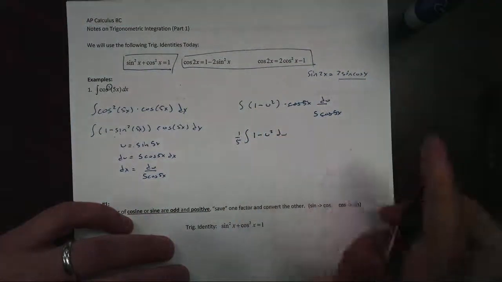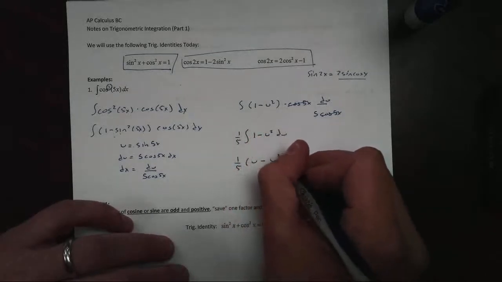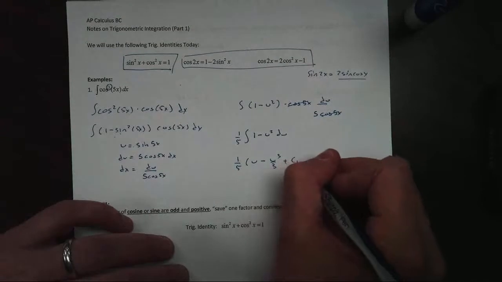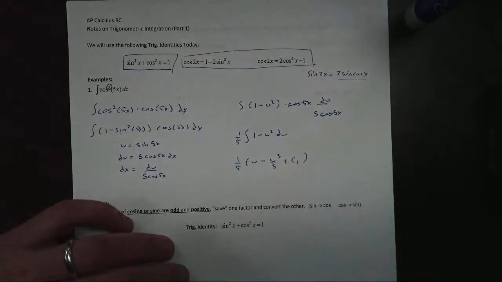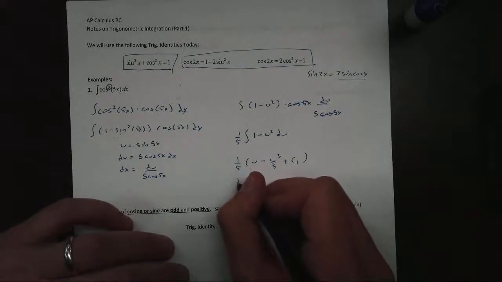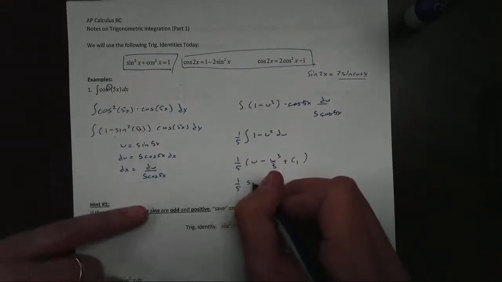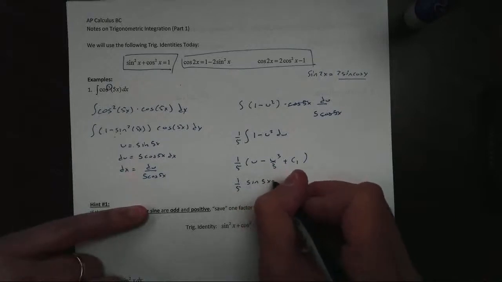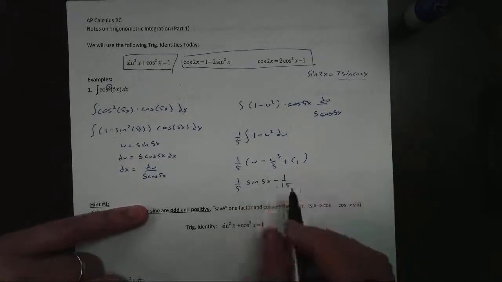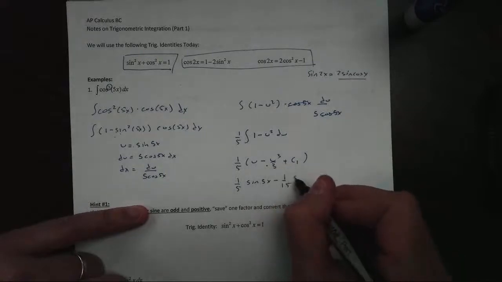And I know how to integrate this one. We will get 1/5 times u minus u cubed over 3. Don't forget your constant of integration, plus c1. And I'm going to distribute and replace my u's at the same time, and we get 1/5 sine of 5x minus 1/15, because if I distribute the 1/5, I get 1/15 u cubed.